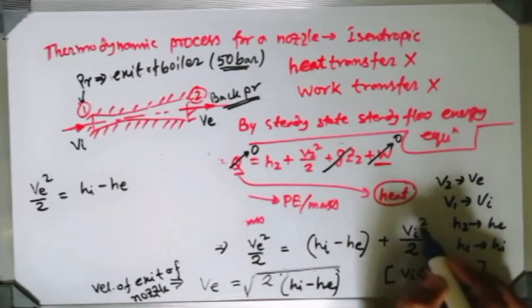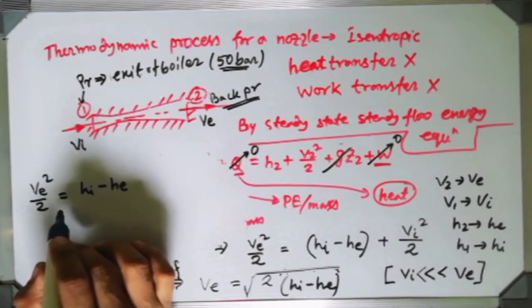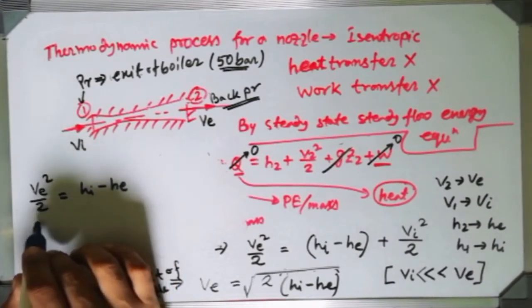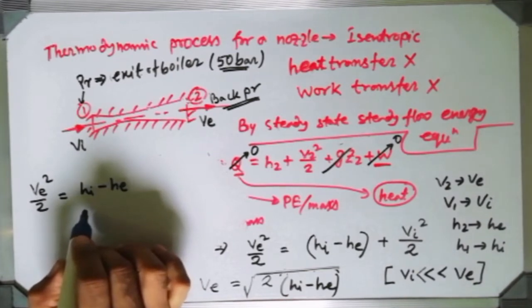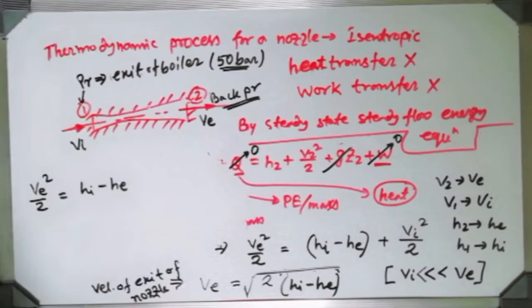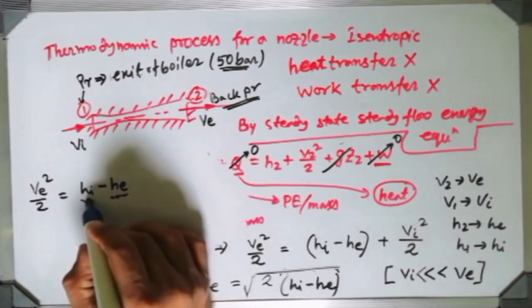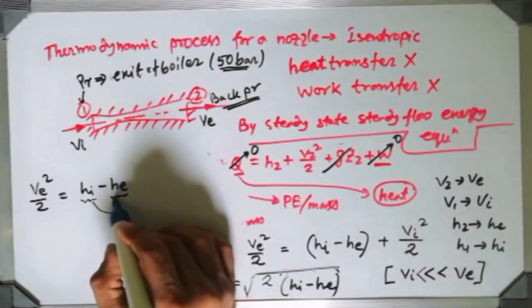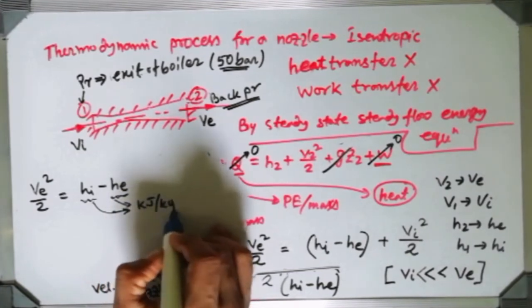From there, check left side unit and right side unit, are they the same or not? Why I am doing so, you can understand within a few seconds. See, this HI or HE, they are the specific enthalpy, and in the steam table they will always be given in terms of kilojoule per kg.